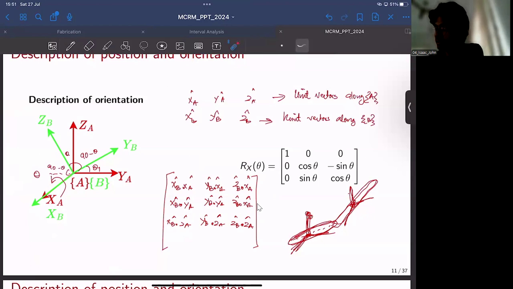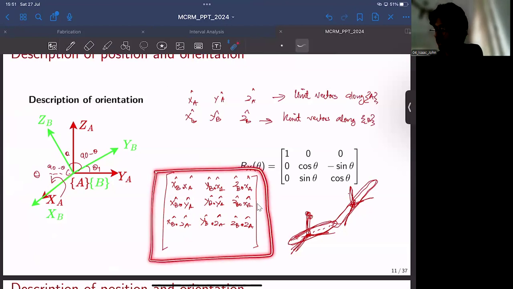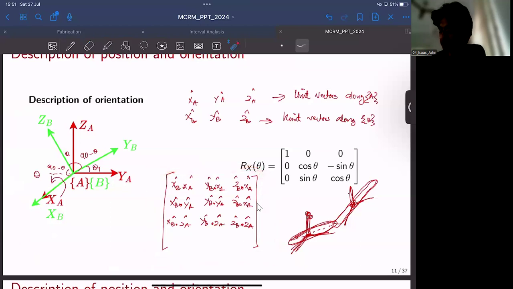So based on this representation, how would you define a rotation matrix if the rotation is a pure rotation about the x-axis? As per the first column, the rotation between XB and XA: since the rotation is about the x-axis, there is no angle between XB and XA.